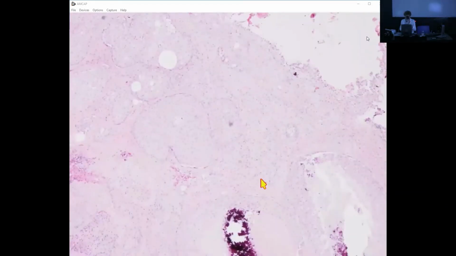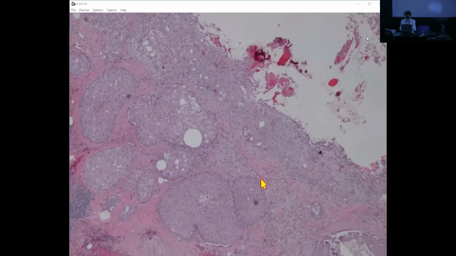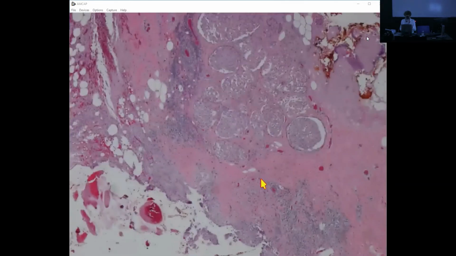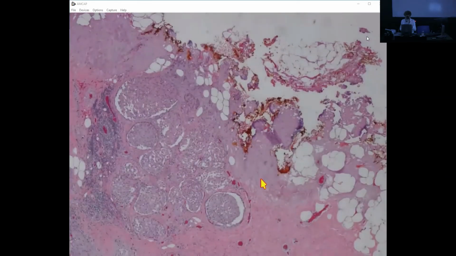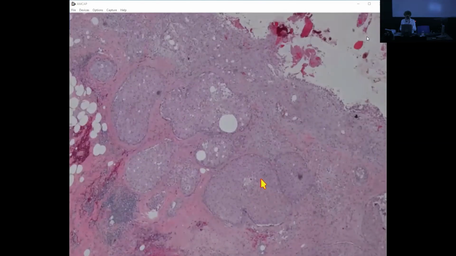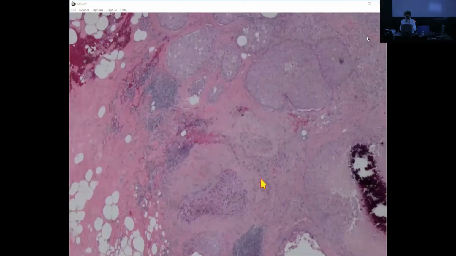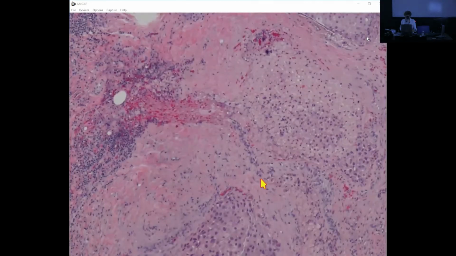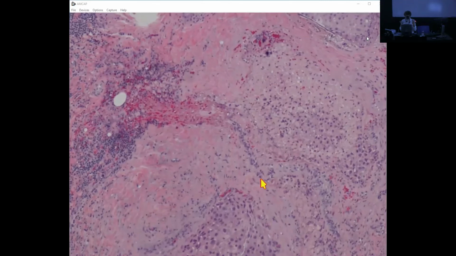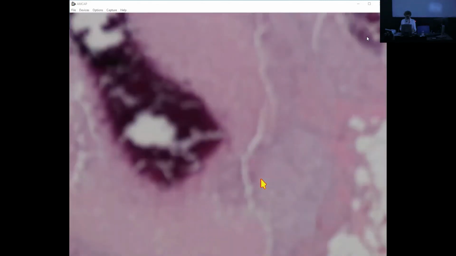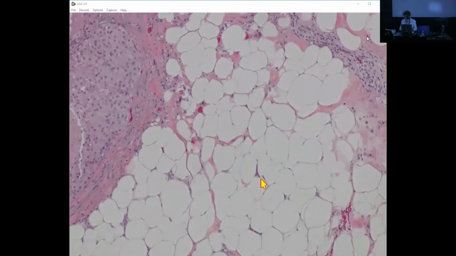Here is another case with more apocrine morphology, massive necrosis, expansion. This case doesn't look like a pleomorphic, but more like a florid with a lot of apocrine change, although this area here looks more pleomorphic. So the two, as I said in my presentation, can coexist, and there is a lot of necrosis.